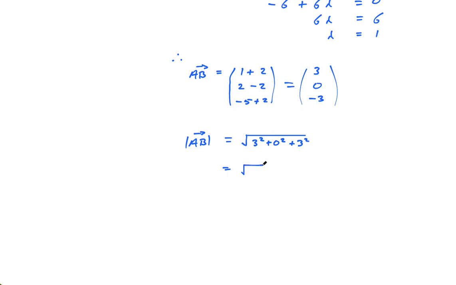It is the square root of 9 plus 9, which is 18, or root 9 times root 2, which is 3√2. That's the minimum distance.